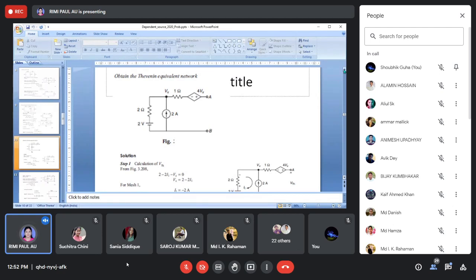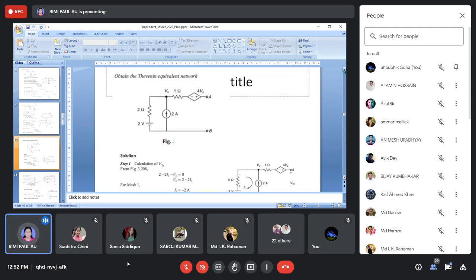If your equation is right, then you can apply any technique. That's why I first solve the theorem problems, then I'll go to 2-port networks, Laplace transform or transient related problems.